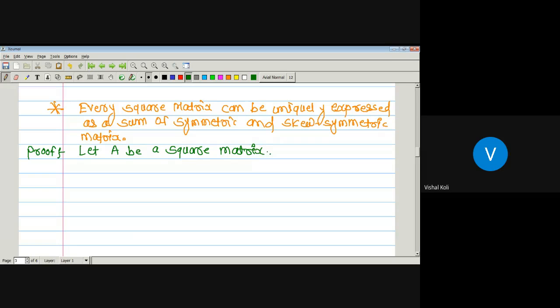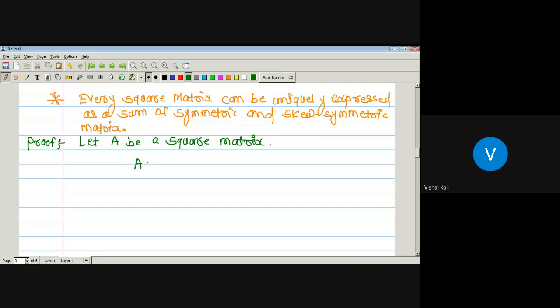Now this A can be written as A equal to 1 upon 2 (A plus A dash), where dash is nothing but the transpose of A, plus 1 upon 2 (A minus A transpose). Now the plus 1 upon 2 A transpose and minus 1 upon 2 A transpose get cancelled, and 1 by 2 plus 1 by 2 is 1, which gives A. That is, this RHS must be equal to this LHS.